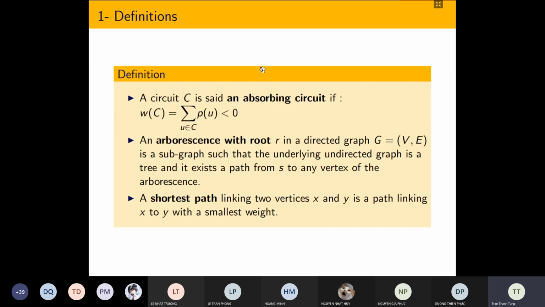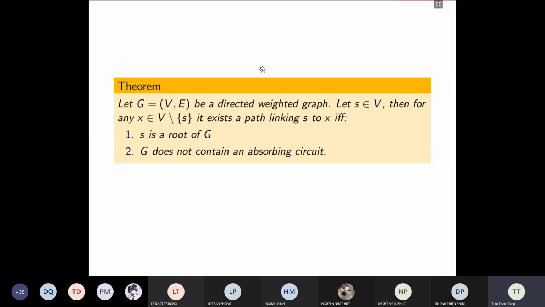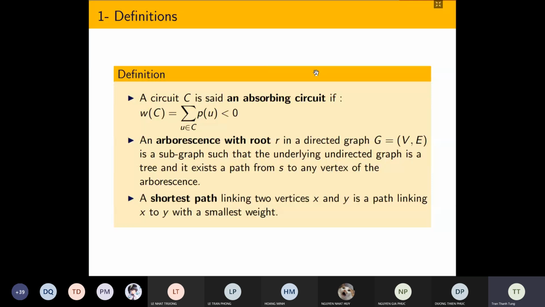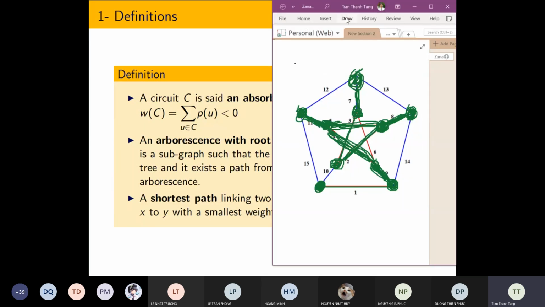Okay. So now, if it is negative, what could happen is we may have this one, absorbing circuits. Say we have many nodes in the middle, but the sum of the weights for all of the edges here is negative. It means that we can always find a better path in weight if we take this circuit many times.